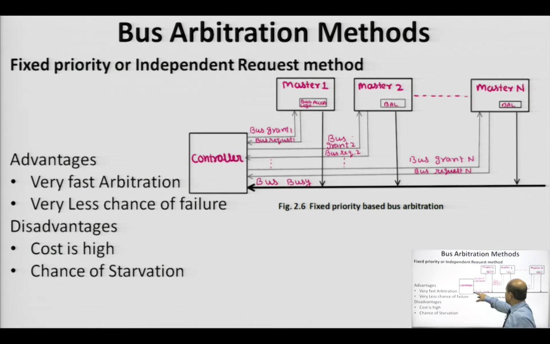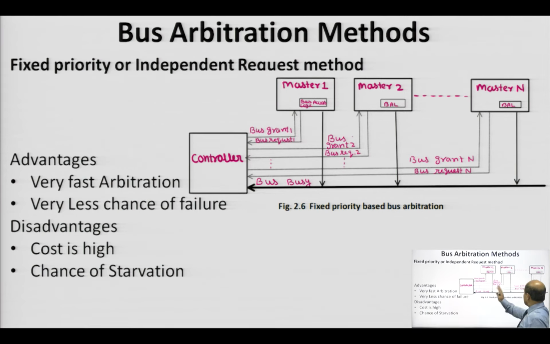However, the bus busy channel is common for all masters. Whichever master is requesting for the bus puts its request separately to the controller, and a priority decoder decides whose priority is high, and that particular component will be issued the bus for its transfer.